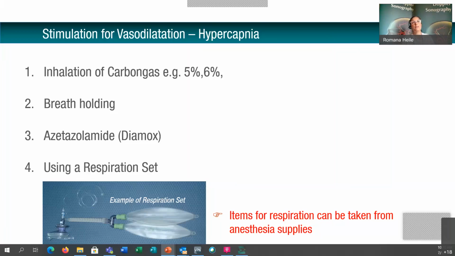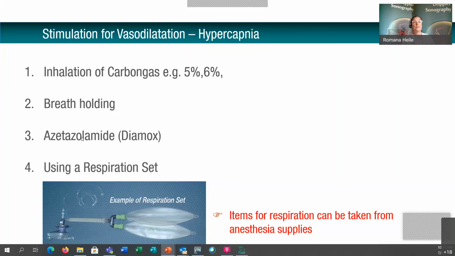Looking through the literature and different test procedures, we find different possibilities to increase the CO2 concentration. For instance, some test procedures use carbon gas, 5% or 6%, predefined gas mixtures. We also have simple tests where the patient only has to hold the breath.